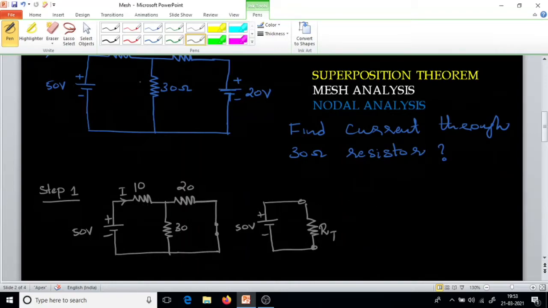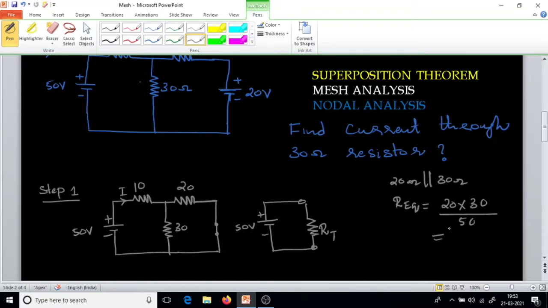If we see here, this 20 ohm and 30 ohm are in parallel. What do we get when these two resistors are in parallel? R equivalent is 20 multiplied by 30 upon 20 plus 30, that is 50.